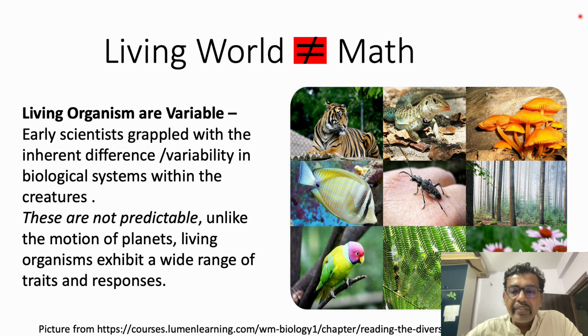But when we talk about living things, nobody knows which way an ant will be moving. Nobody knows which way the tiger will be moving. Yes, everybody knows that they will be moving towards food, but again the food is again moving. So when we talk about living world, it is not exactly 2 plus 2.